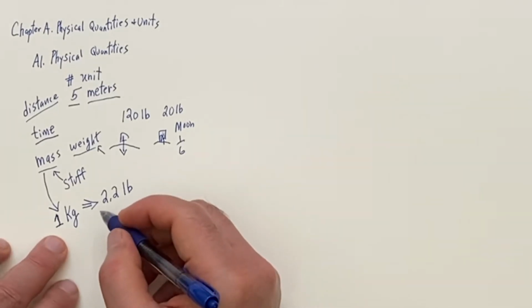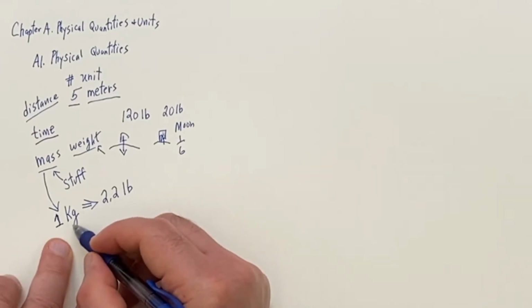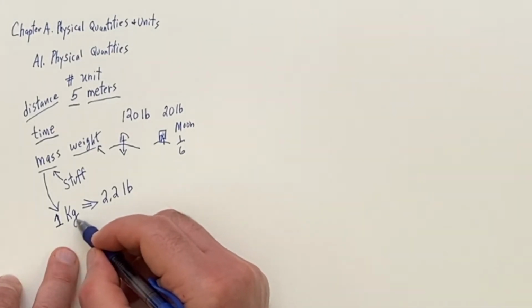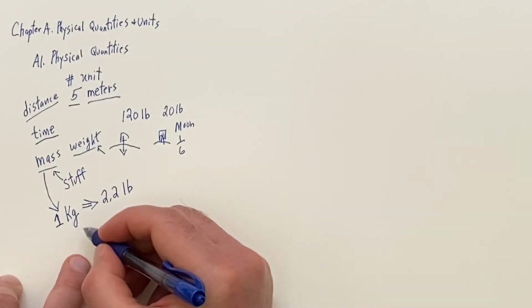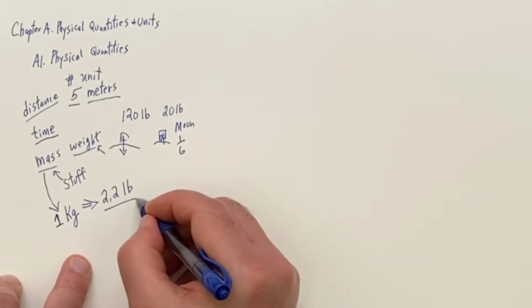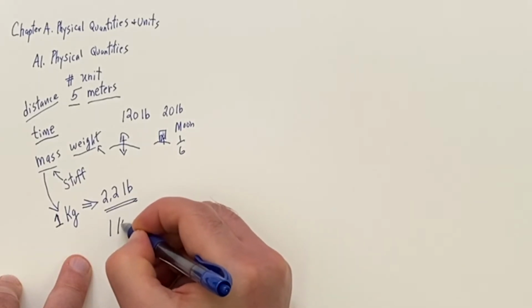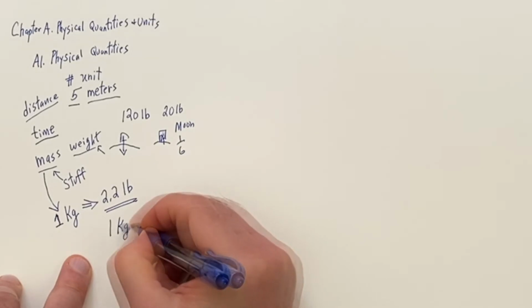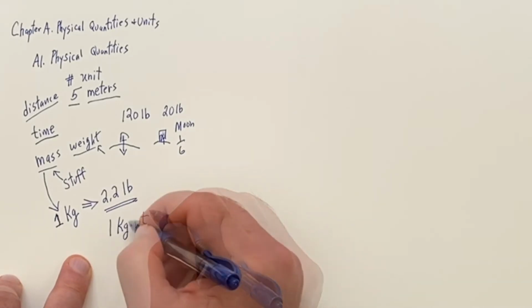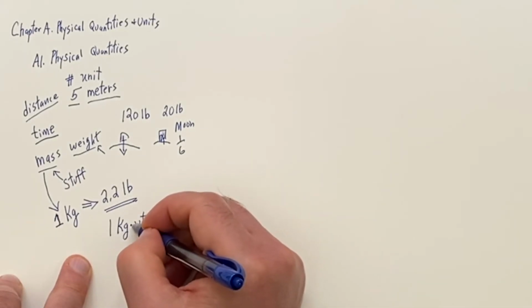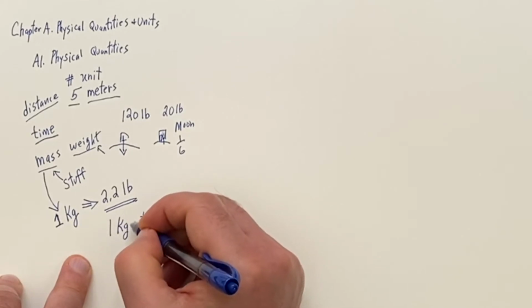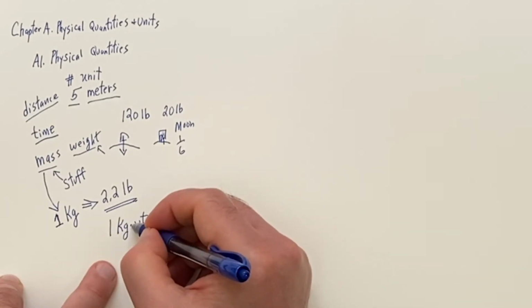So one way to fix the kilogram usage as a weight, you could say that if I really want to talk about the weight, I could say 1 kilogram weight. So this is saying kilogram weight. The little dot just means, or you can put a dash if you want, but here I like to use a little dot.